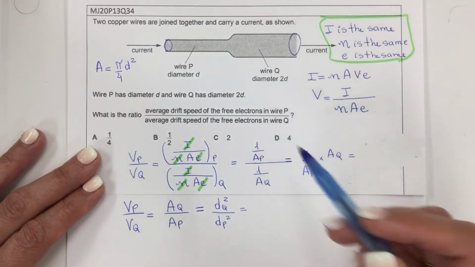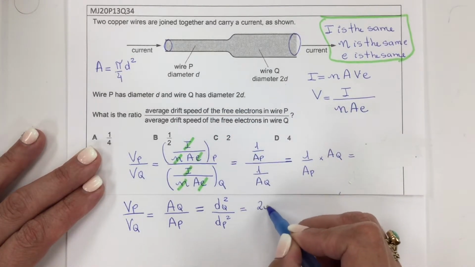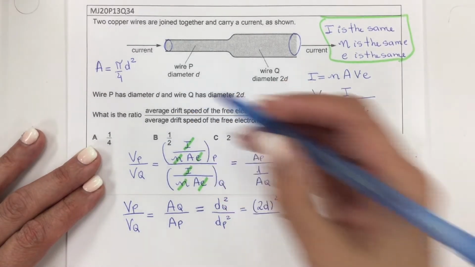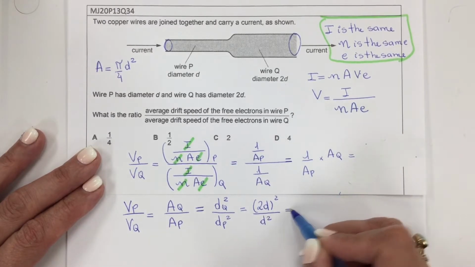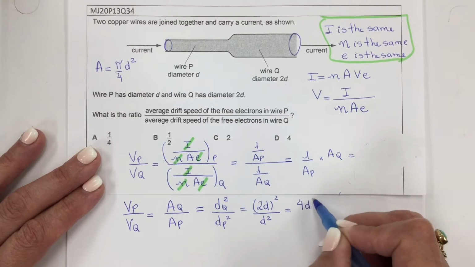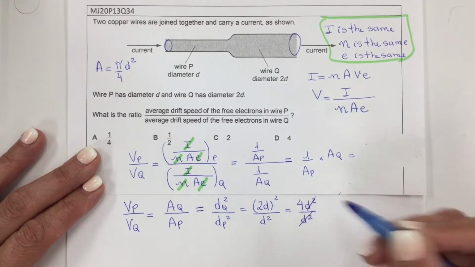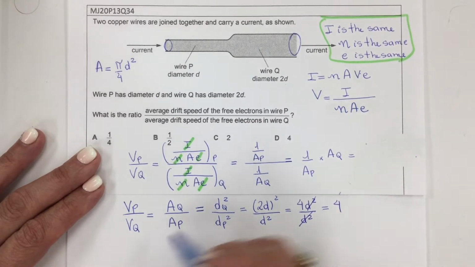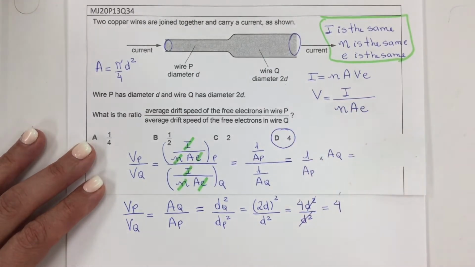The diameter of Q, the problem says, is 2d, so 2d squared over the diameter of P, which is just d squared. So this is 4d squared over d squared. I'm going to cancel this, and the final answer is 4. So this should be answer D.